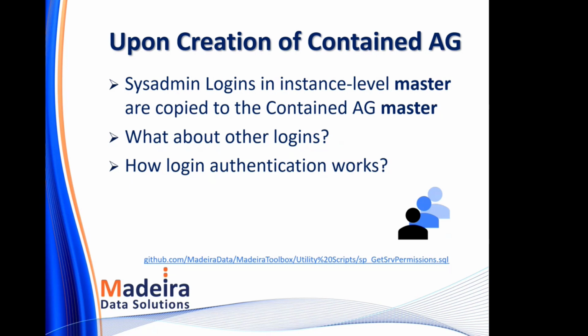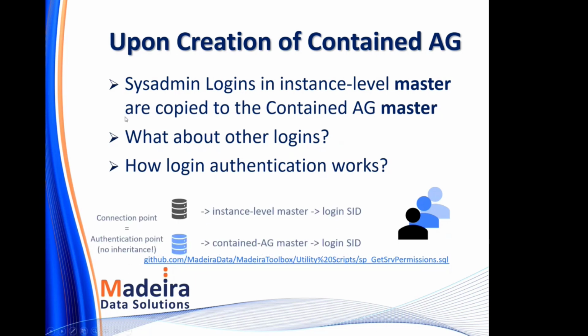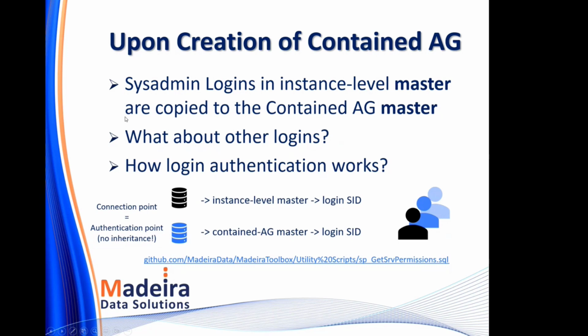So the way it works is like this. First of all, it is important to understand that the connection point per se is the authentication point. What I mean by that is that in your connection string, let's say you connect into the availability group listener or one of the contained databases as your initial catalog, that would mean your connection point is the contained availability group.